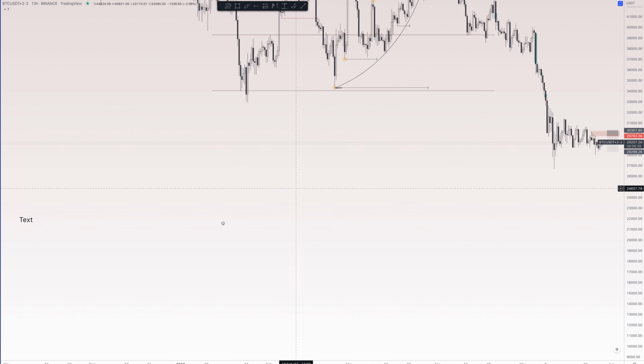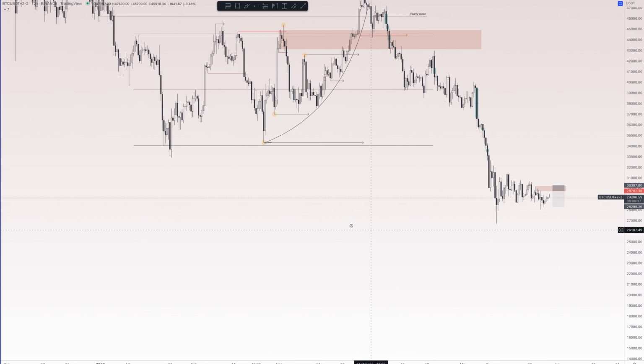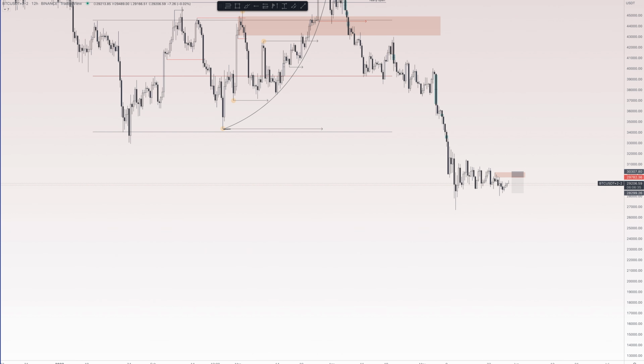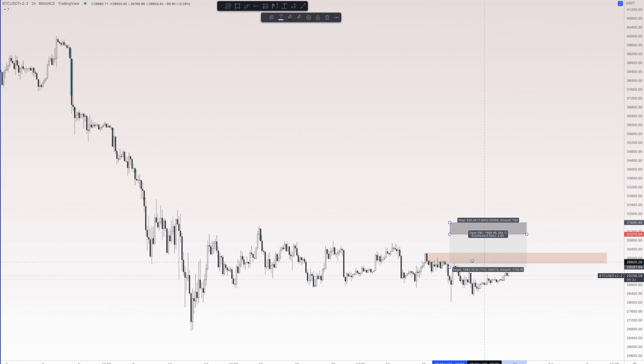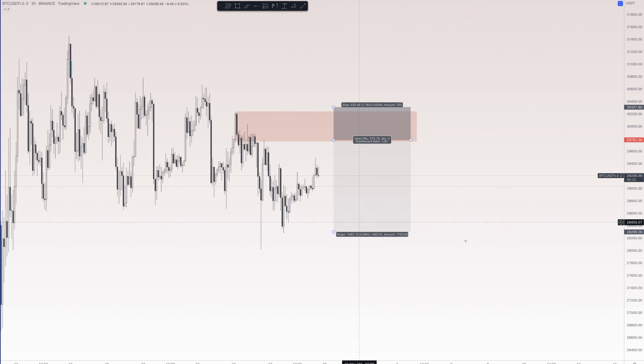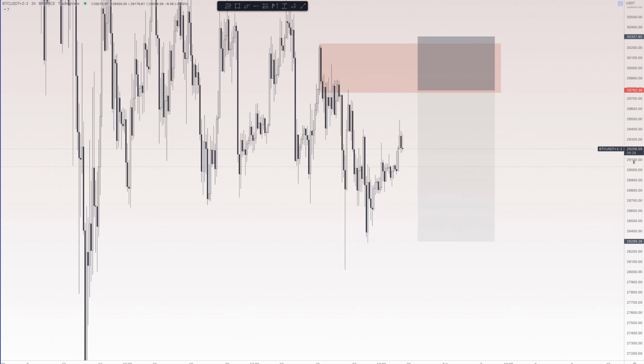Okay, so we say 1% risk, we have 500 euros, that's the maximum amount you can lose. Now let's look for a trade. Let's say we are going to take this trade. That's just convenient because it's standing there.